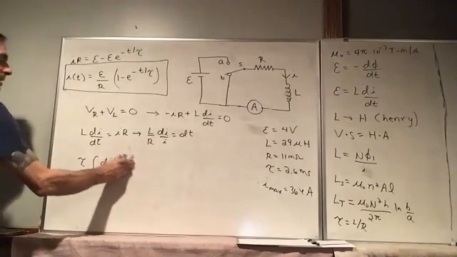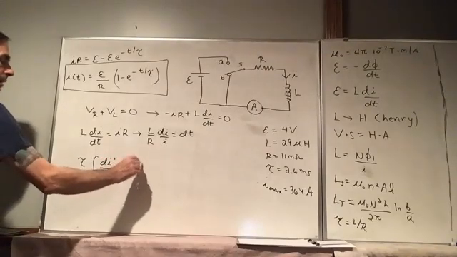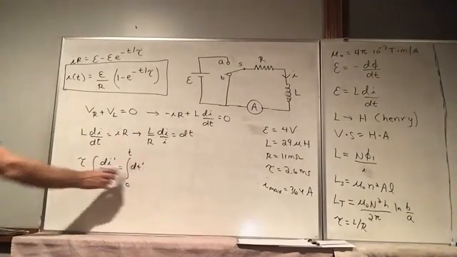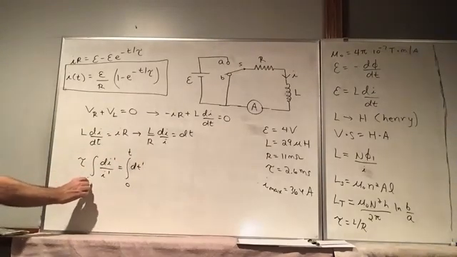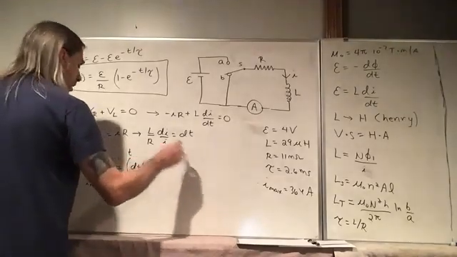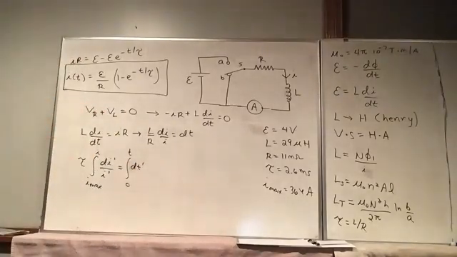And here, let's actually do this as a definite integral. At t equals 0, our current is I max, and then this will just be the current at some later time. Now we can make a simple u substitution, or we don't even need to. It's just like dx over x.